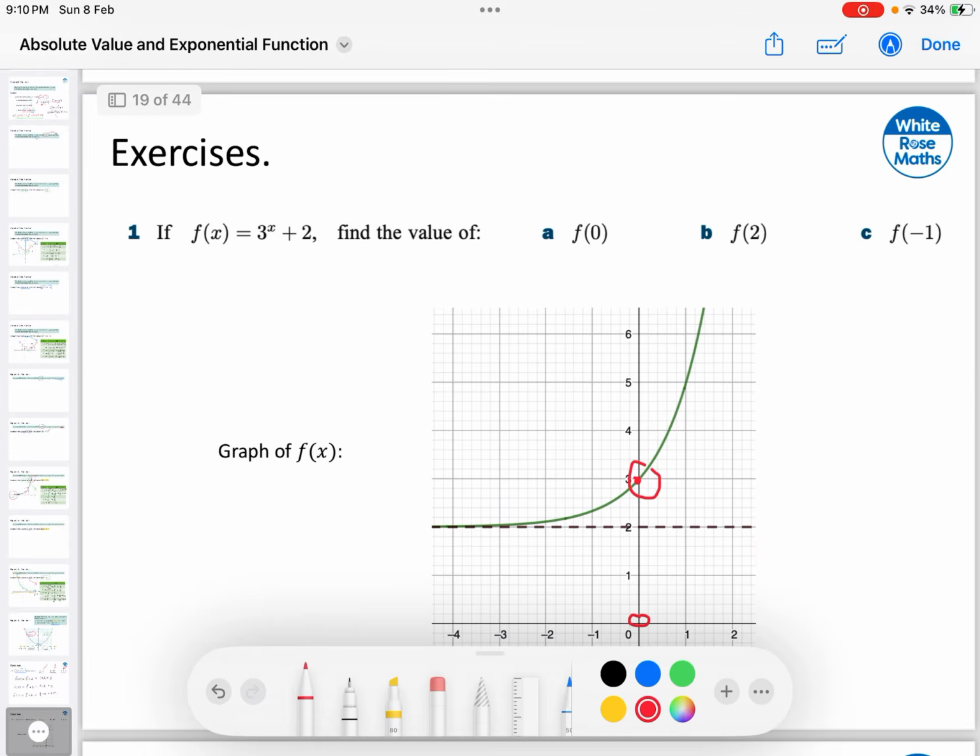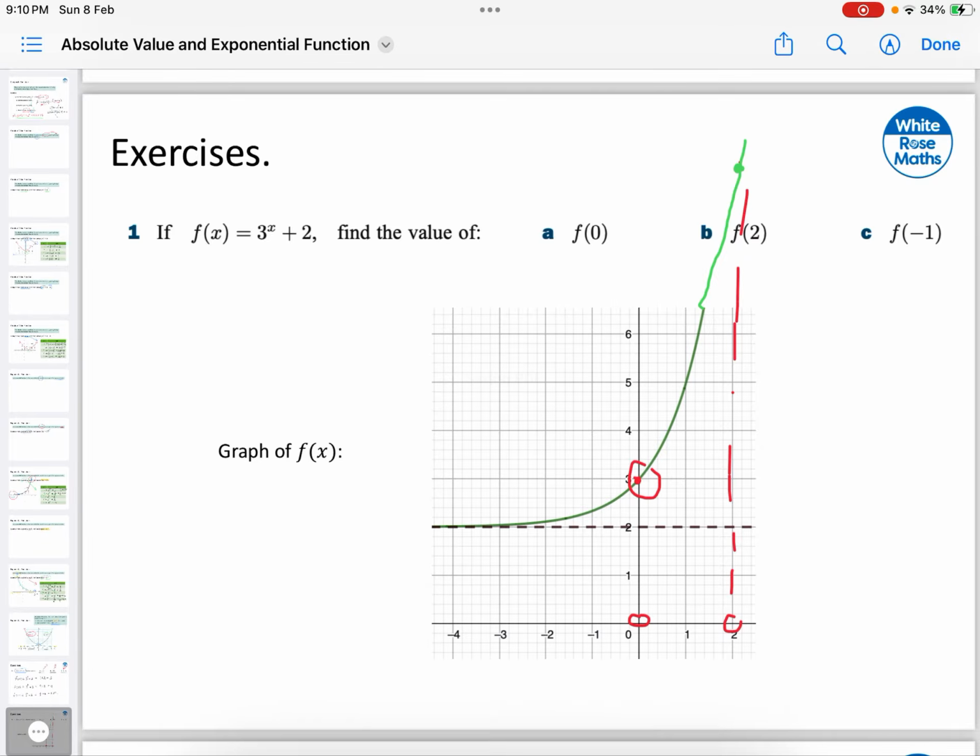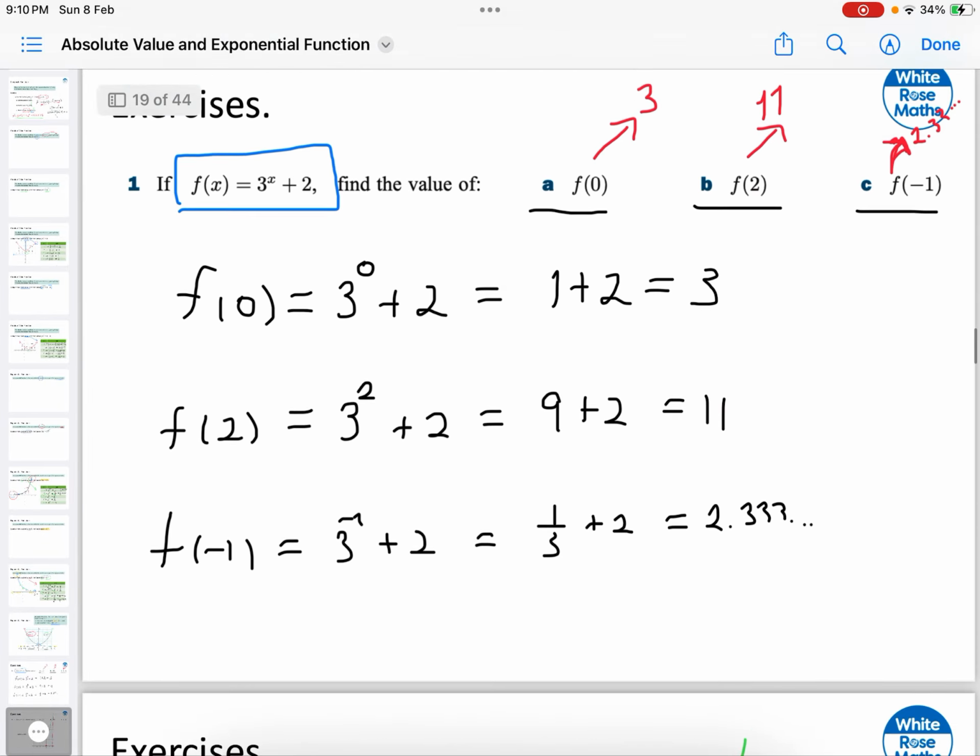They said that the answer is 11. You can see from the graph that number 2 is here, so we will have to move all the way up. At some point, as the graph keeps going up, it will go through the 11. So it looks like it's perfectly fine.